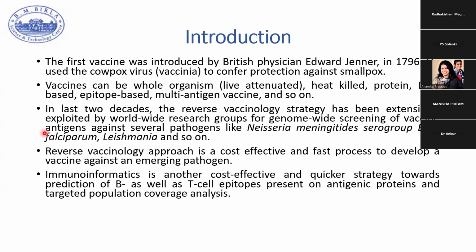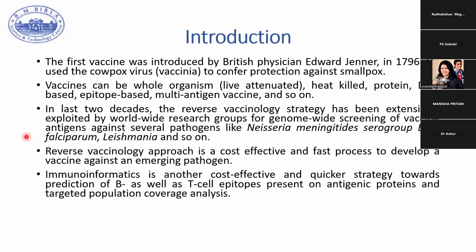In the last 2 decades, the reverse vaccinology strategy has been extensively exploited, especially during the pandemic. We all are aware that during COVID-19, everyone was looking for a very good, reliable vaccine against SARS-CoV-2. During that time, lots of research groups were involved in reverse vaccinology, so all over the world, different research groups explored this approach.